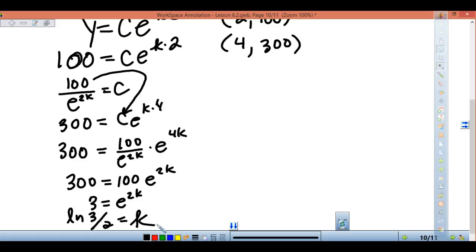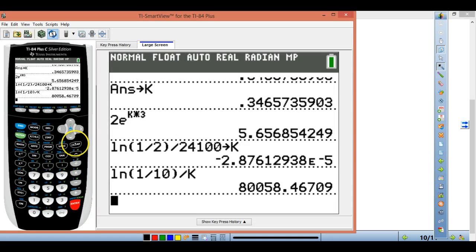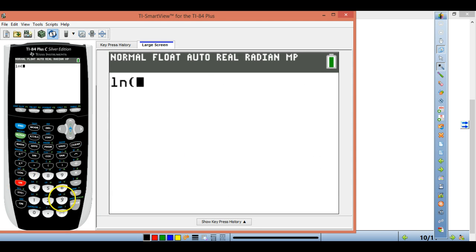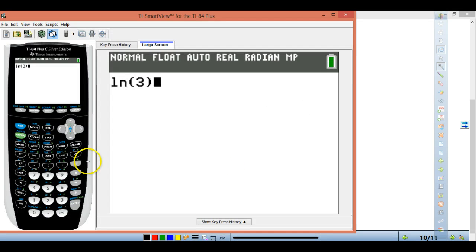It asks how many fruit flies are in the original population. I have an equation over here that says c is equal to 100 divided by e to the 2k. Now I know what k stands for, so I'm going to do this on my calculator. k was the natural log of 3 divided by 2.